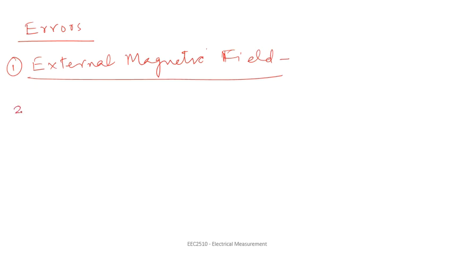Similarly, there can be error due to eddy currents, because we know that the effect of the eddy current is to produce a torque as a result of coupling between the moving coil and the nearby metal parts.